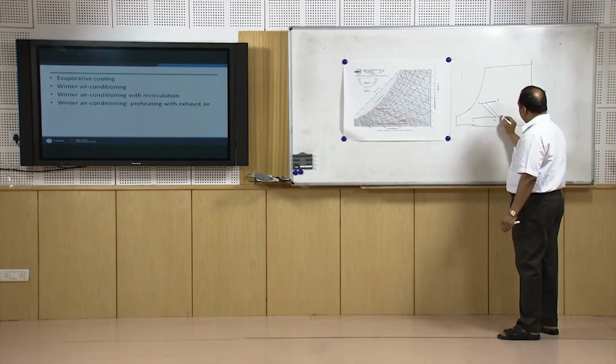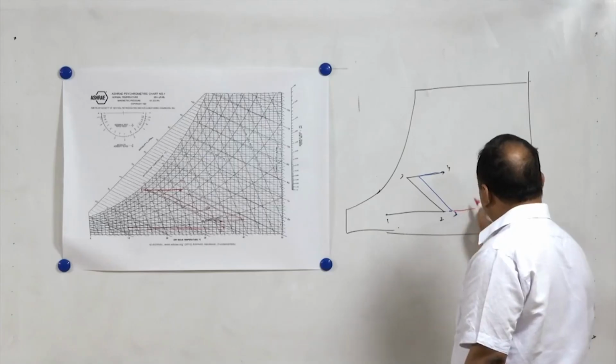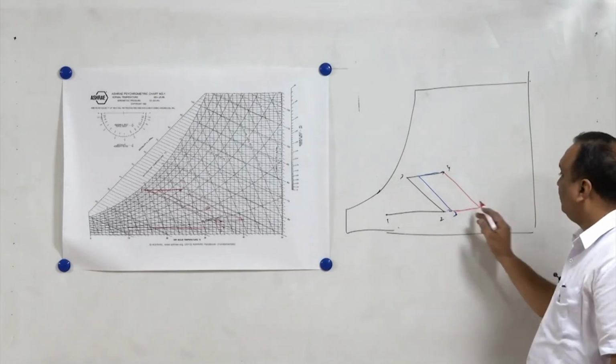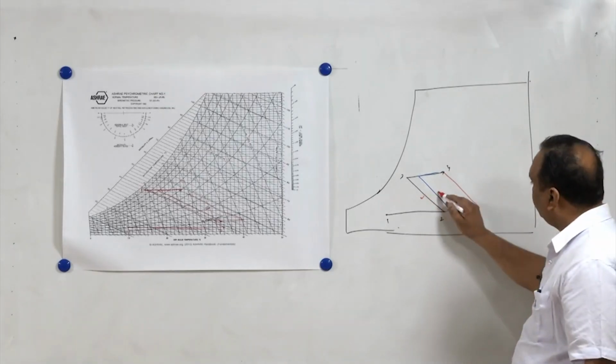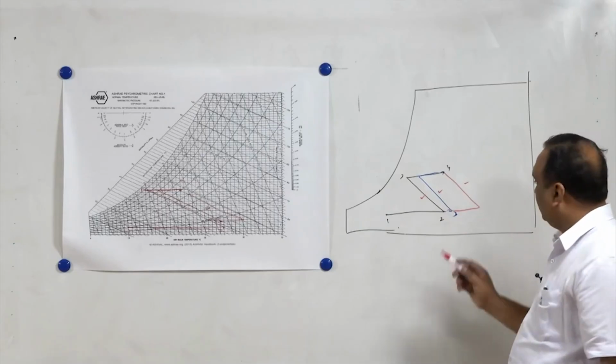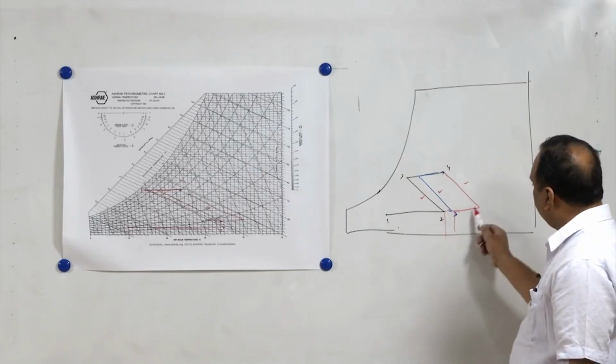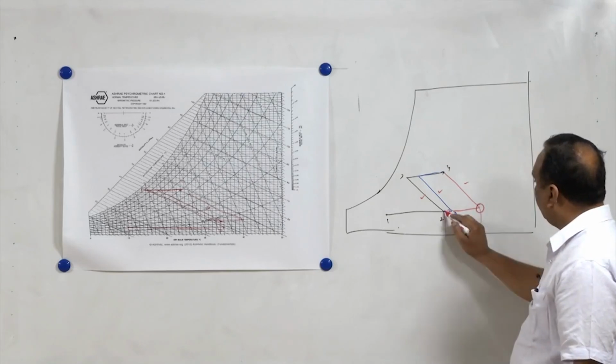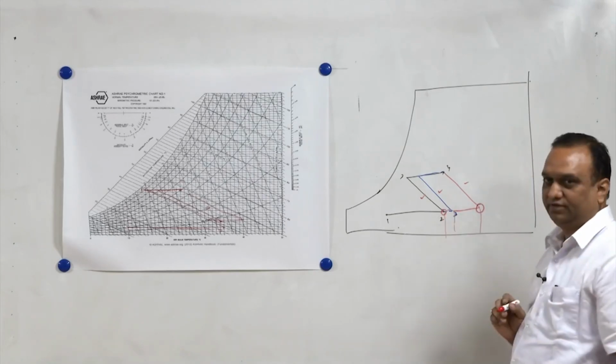Further, we can further heat up to here and then do evaporative cooling. So, which process we should adopt? Should we go for this process, or this process? Now, if you notice, in this process the air which is emerging from the heater is at higher temperature, and in this one the air emerging from the heater is at lower temperature.